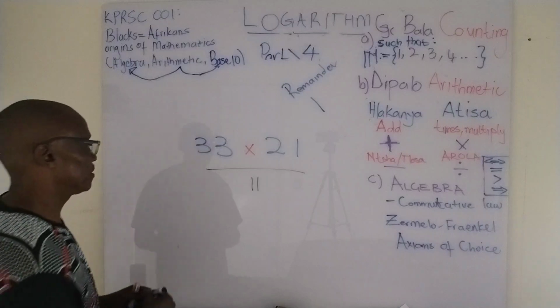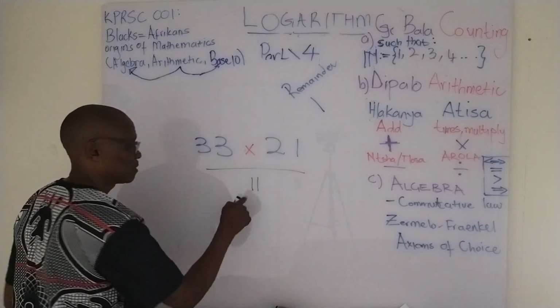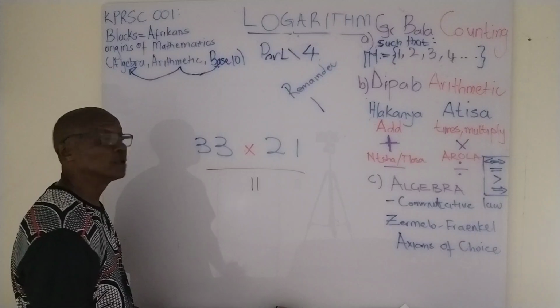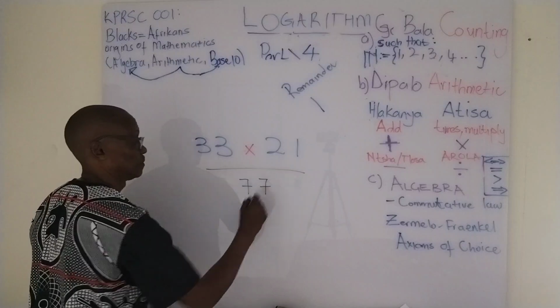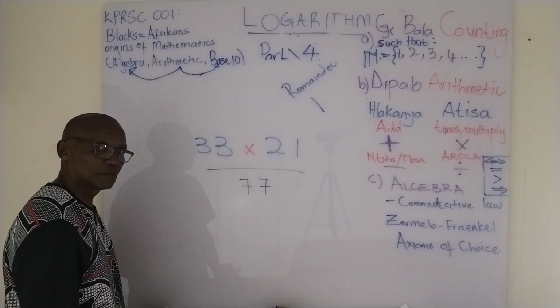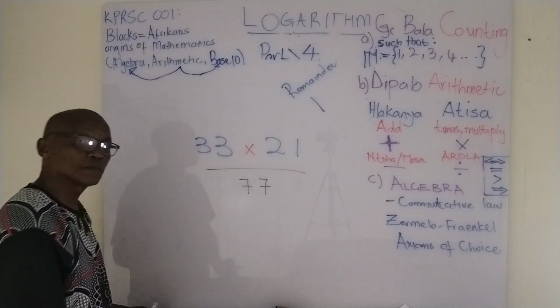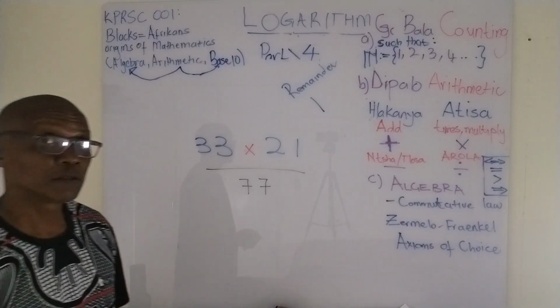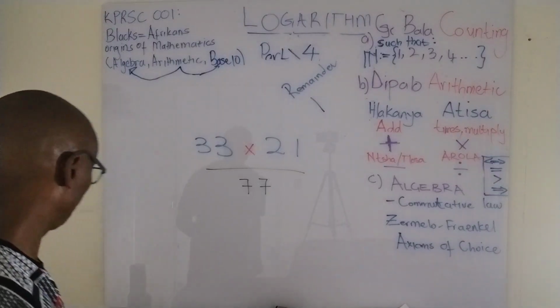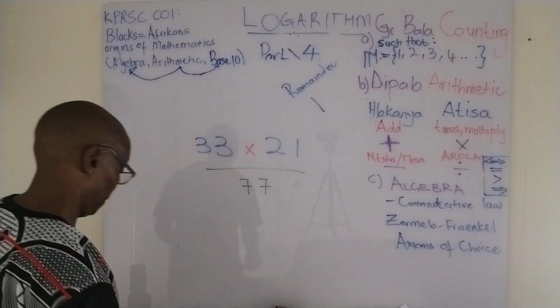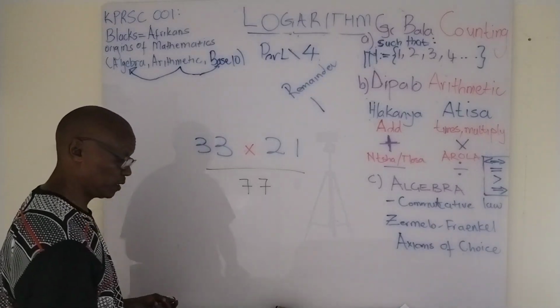No, actually I lied. I want you to divide by 11. You're done. Now divide it by 77. Are you done? You should be done by now. How much time do you need?